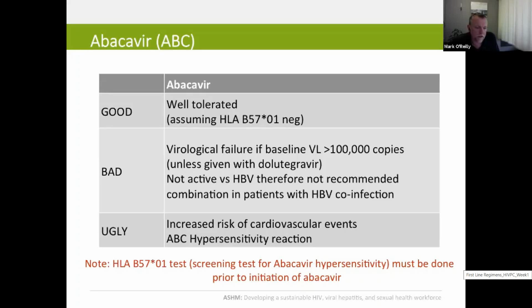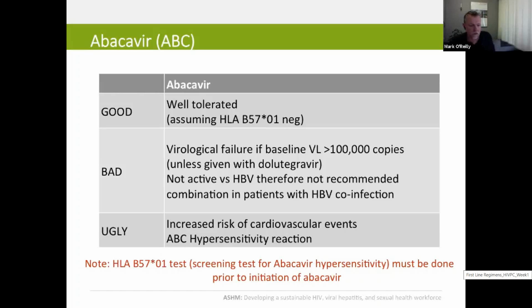Also, abacavir, and this comes under the ugly heading, has an increased risk of cardiovascular events and of the nasty abacavir hypersensitivity reaction. This is a multi-system reaction to abacavir, which can be fatal. We have the HLA-B5701 test, which reduces the likelihood of this occurring.